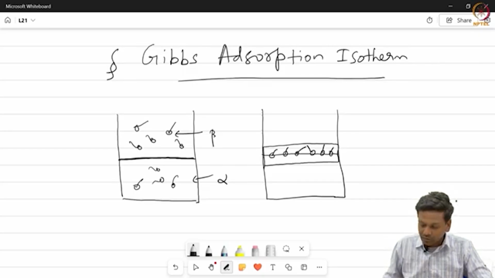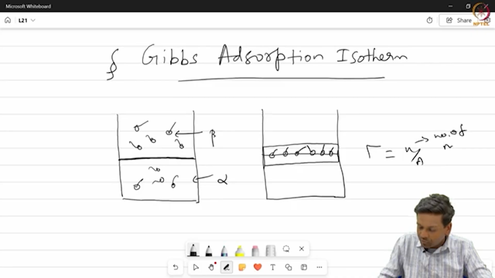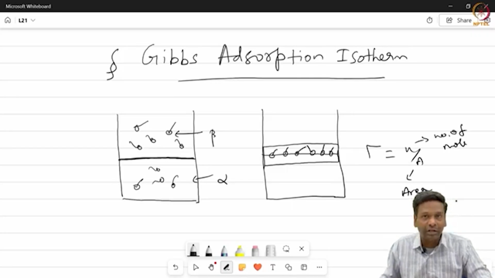Okay. So, when we refer to surface excess, we know that surface excess is defined as gamma, which is a Greek letter, as n by a, right. So, n here is the number of moles and a is the area, the interfacial area.